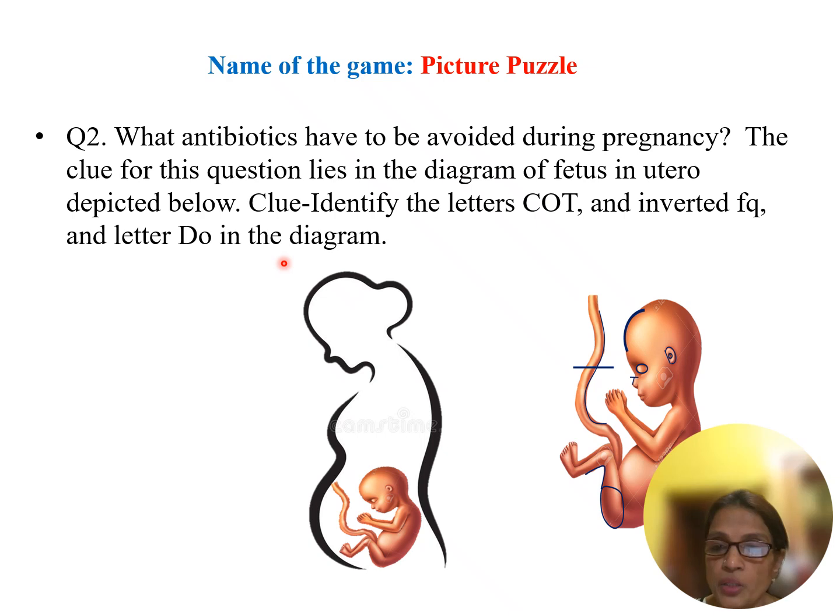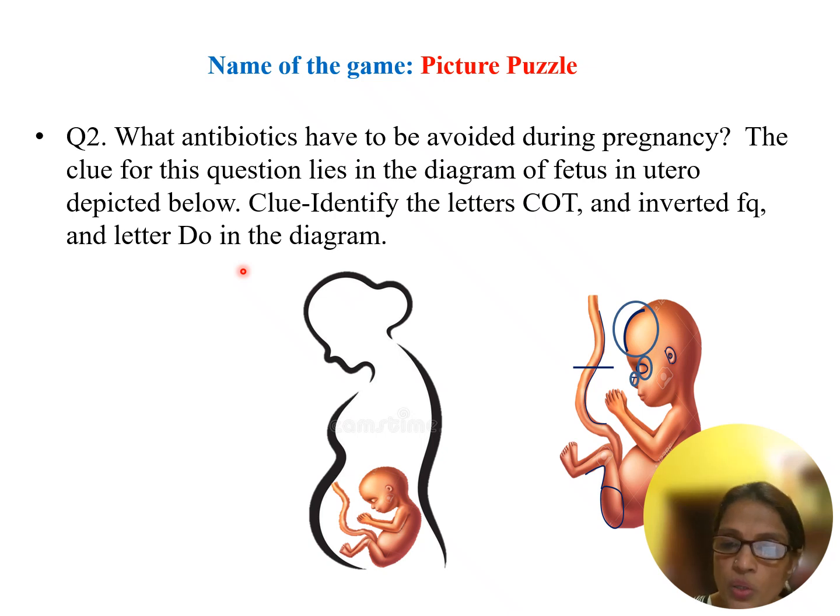Now, let us try to understand what antibiotics need to be avoided in pregnancy. See, here is a mother, and the clue for this question lies in the diagram of the fetus. Here is the fetus depicted in utero. The clue is to identify the letters COT, an inverted FQ, and the letters DO in the diagram. So how do we identify this? Let us see. This is C, this is O, this is T. So COT represents cotrimoxazole.